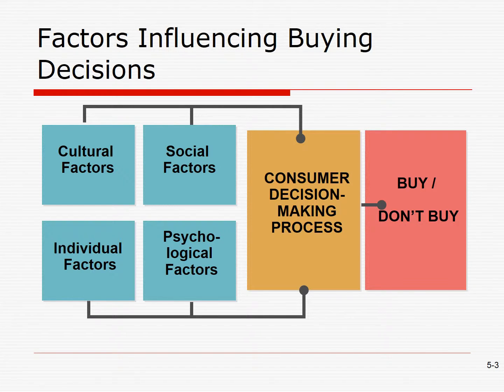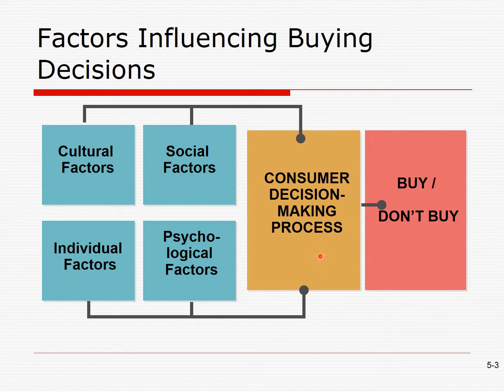As this image shows, we can really describe the entire consumer behavior model, if you will, as your consumer decision making being driven by a process, the consumer decision making process, that itself is driven by cultural, social, individual, and psychological factors.